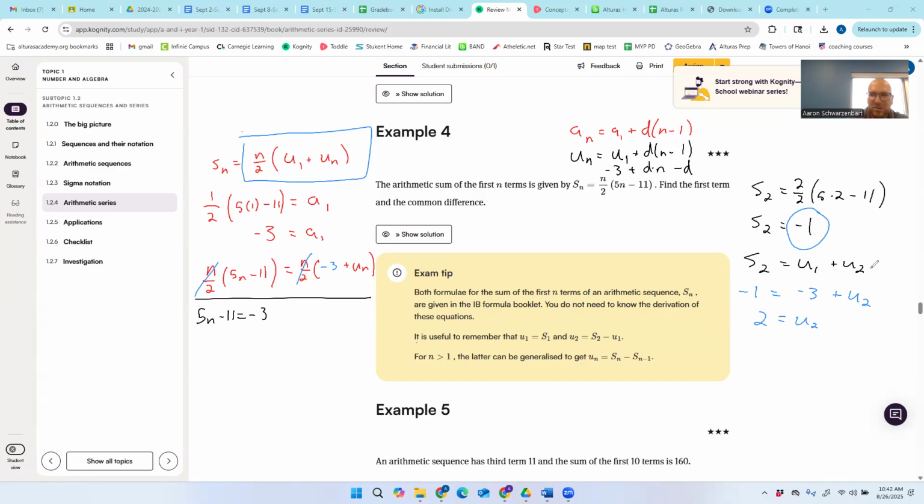So u2 is 2. I plug in and I get D. I'm using this formula with u2. That's -3 plus D. D equals 5.